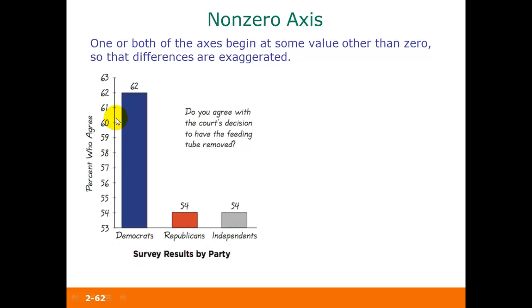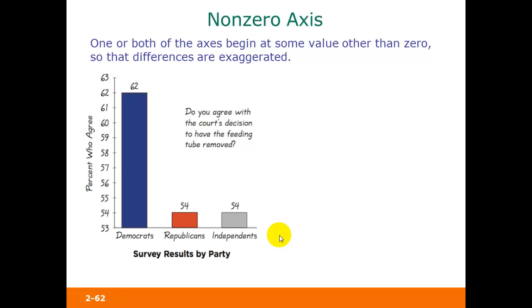But if you actually look at the numbers, this is only 62% compared to 54% for both Republicans and Independents. And notice that the differences between those percentages are very much exaggerated because this vertical axis starts at 53 instead of starting at 0. So this would be a case of a non-zero axis being used to exaggerate differences between values.